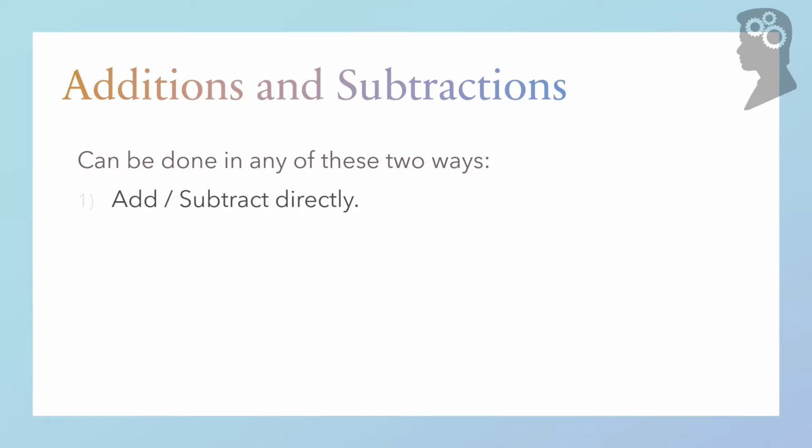One is add or subtract directly. But with adding or subtracting directly, there are the pros and the cons. The pro is that it is quick and very, very effective. Actually, doing addition and subtraction directly is what I recommend everyone to do. But the con is that it takes time to get used to. So you need to learn a little bit about adding and subtracting.